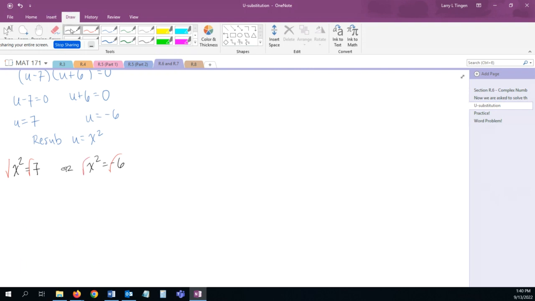And as easy as it is to forget, you have to be super duper careful on the right-hand side. The square root of x squared is x, and the square root of 7 is the square root of 7, but I've taken the square root of a real number, so I have to deal with the plus and the minus.